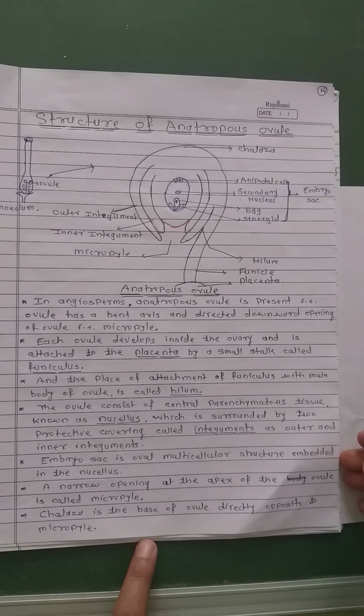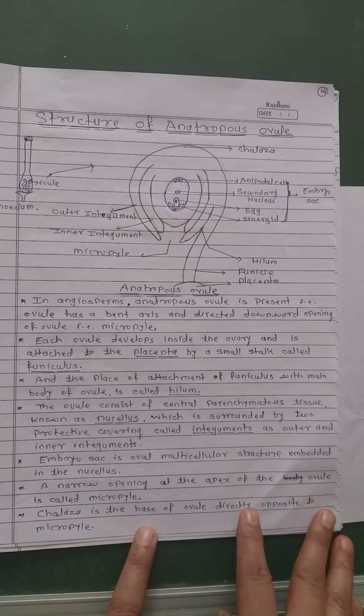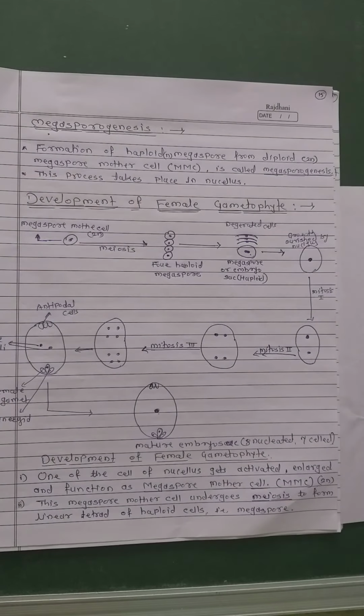Now, megasporogenesis. The formation of haploid megaspores from a diploid megaspore mother cell is called megasporogenesis. This process takes place in the nucellus. Next is the development of the female gametophyte.